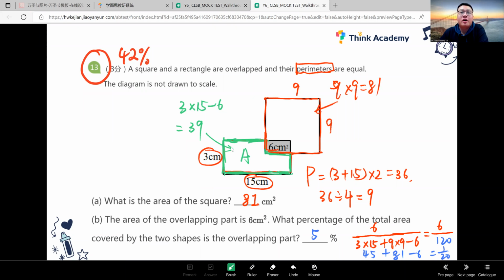That will be the area of part B, the square. You add these two parts, and that will be the total area covered by these two shapes. 39 plus 81, you got 120. You got it? Yes, thank you.